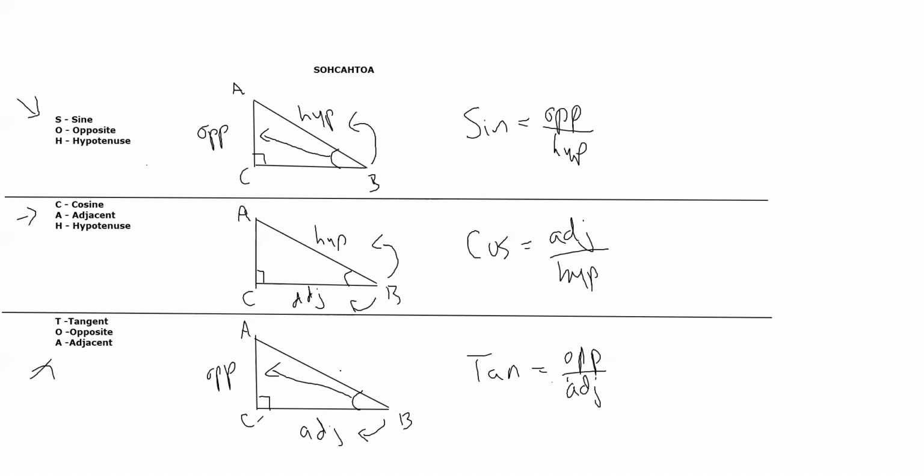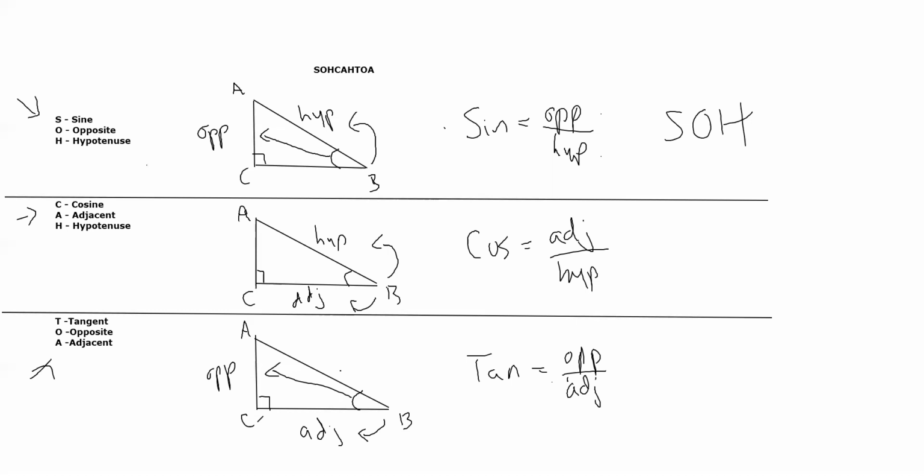SOH. Sine is equal to opposite over hypotenuse. Then you can draw a triangle and do the opposite over hypotenuse, and it all works together. That's what it stands for.